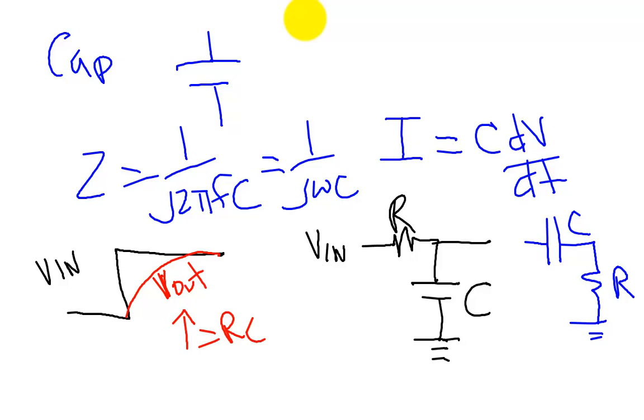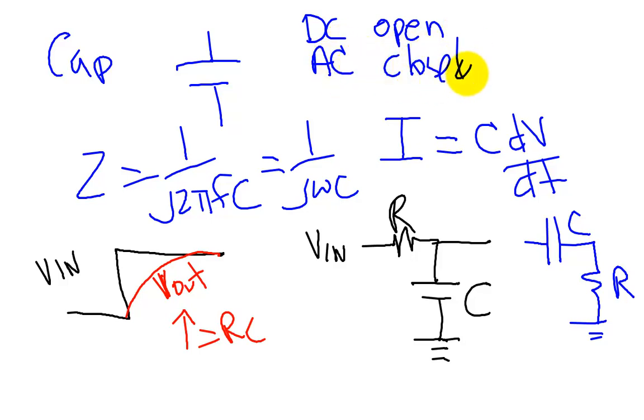The question you actually asked was about DC: it's an open, and at very large AC it's a closed. Sure. Another question I could ask has to do with lab 6, by the way.